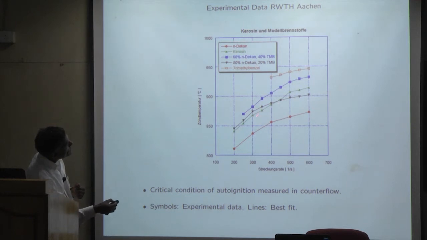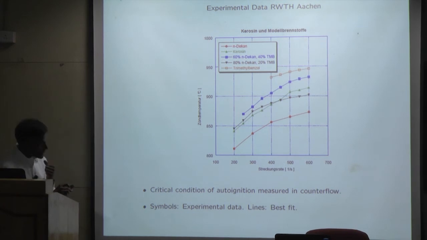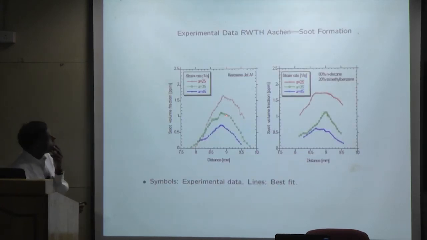You can see the critical condition of auto-ignition for kerosene, which is JP8. This particular mixture, the Aachen surrogate, reproduces that very accurately. Again, this work was done in Aachen.